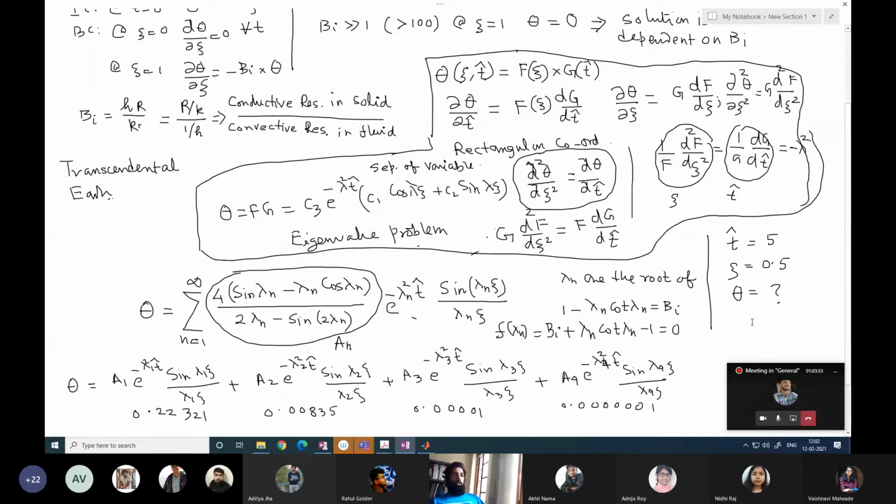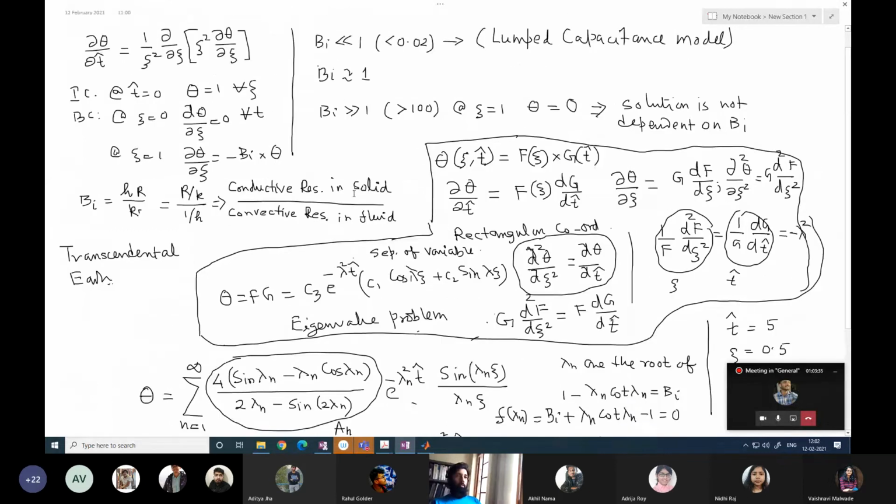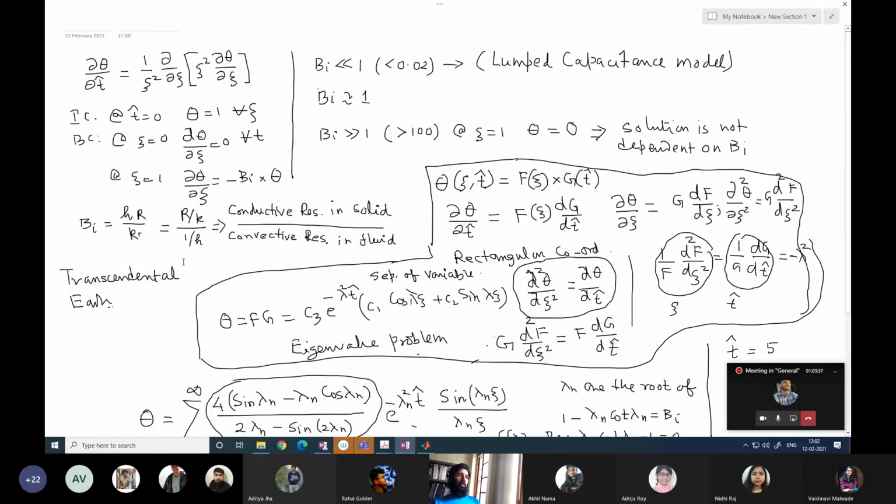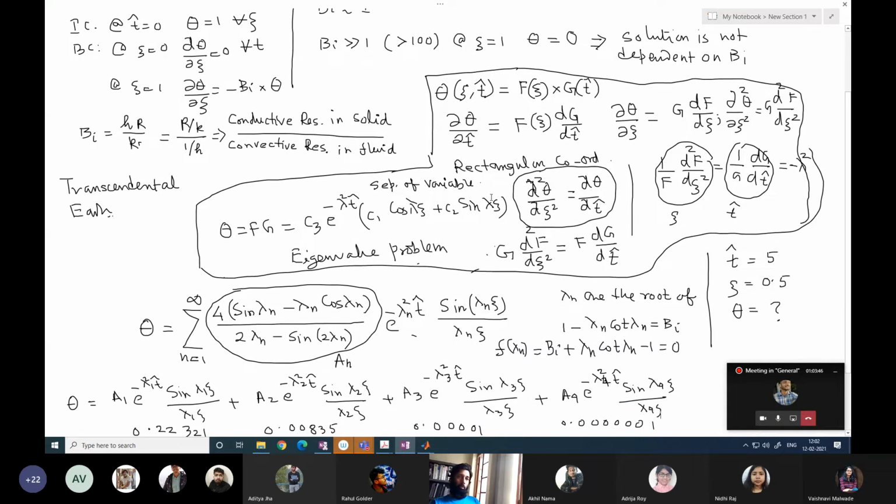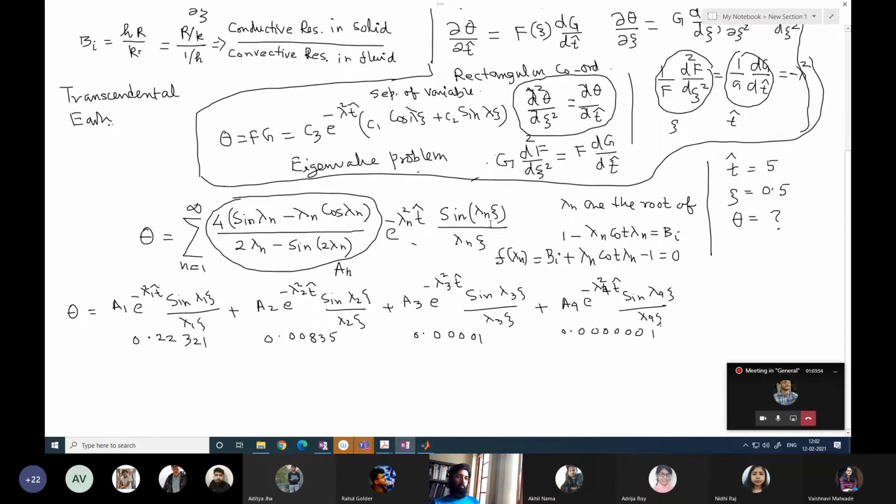Let us start from the beginning. This is the equation. To get a value of theta for a given zeta and t hat, you need the solution. The solution is obtained by a method called separation of variables, an eigenvalue problem. These are mathematics stuff, and we will not cover them here.